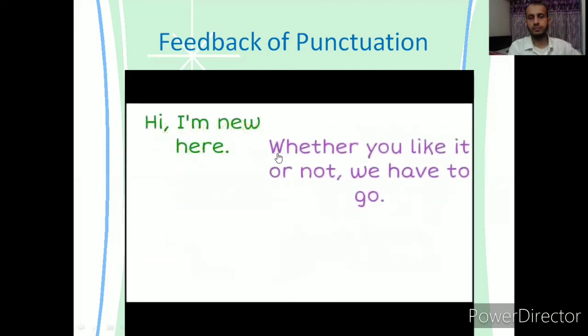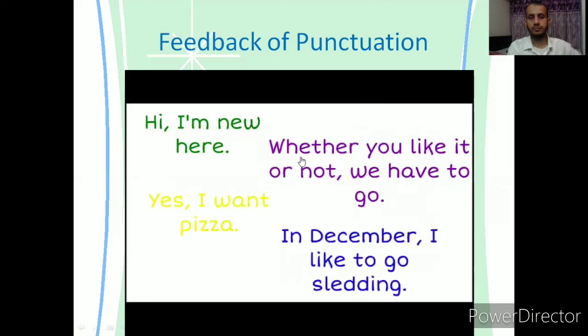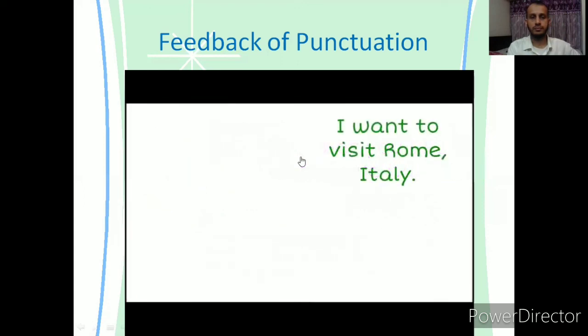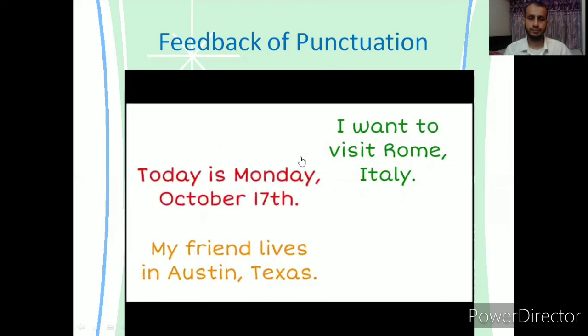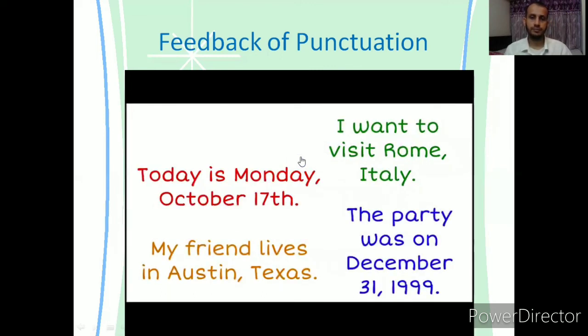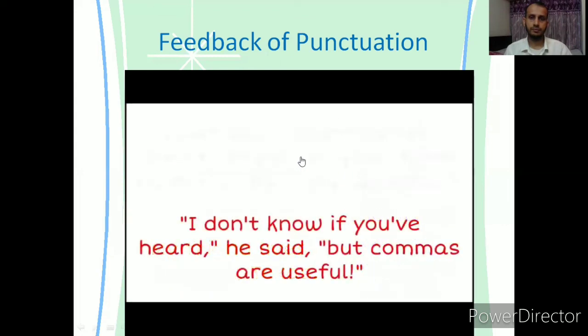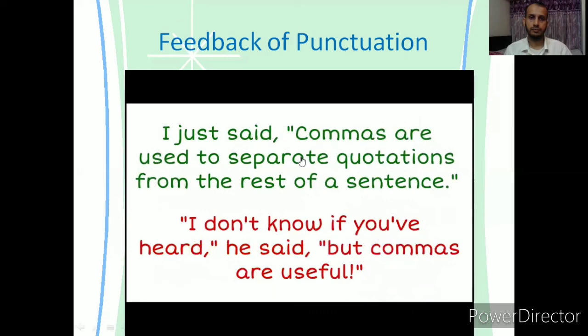Commas are used after introductory words, clauses, or phrases to set them apart from the main sentence. You should also use commas to separate the name of a city from its country or state, and to set apart the day of the week or month when writing a date. Finally, commas are used to separate quotations from the rest of a sentence.